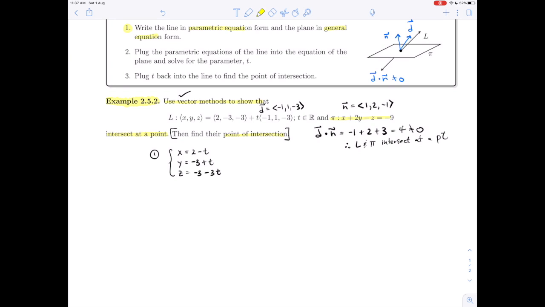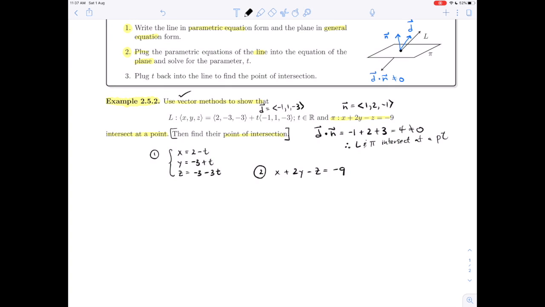The second part says to plug the parametric equations of the line into the equation for the plane and to solve for t. So the plane equation is x plus 2y minus z is equal to -9.